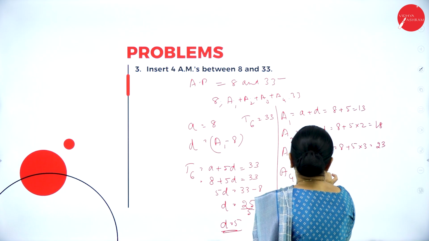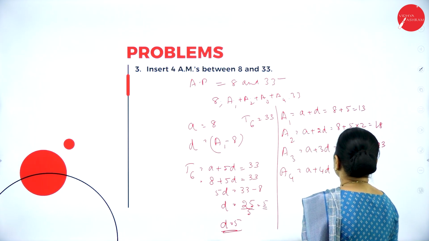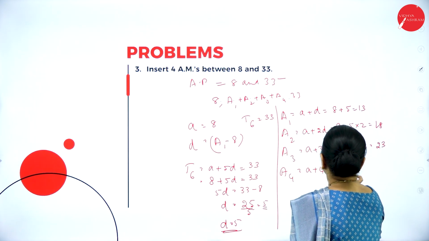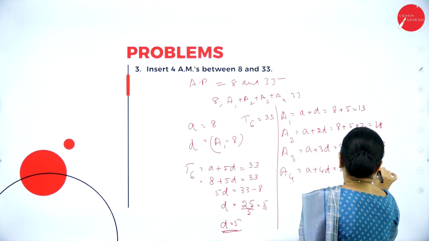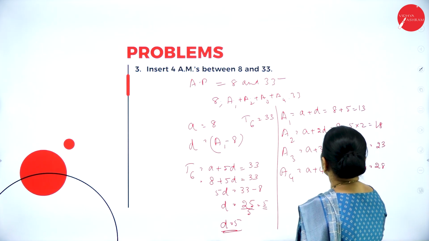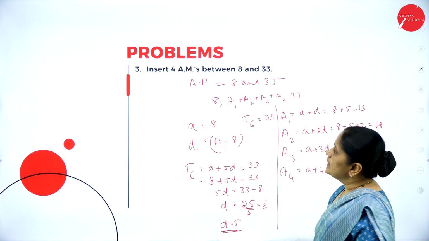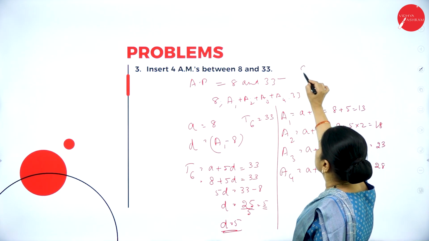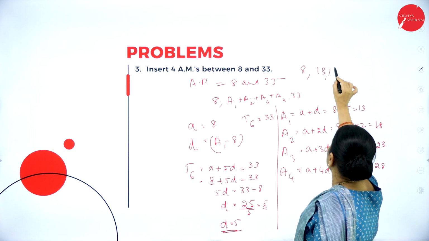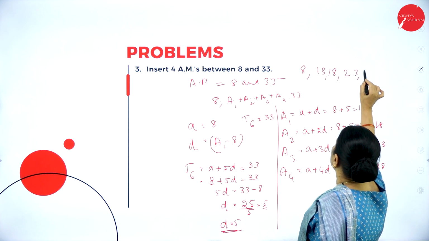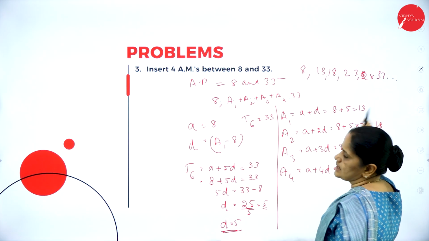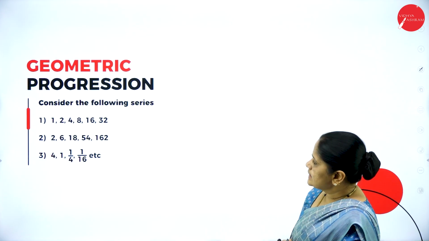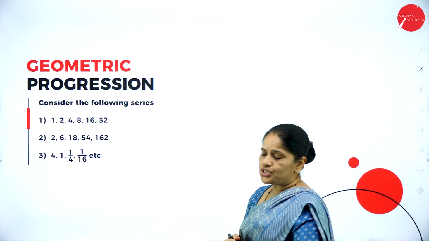A4 will be A plus 4D, that will be equal to 8 plus 5 into 4, 20, that is 28. So we have the arithmetic means between 8 and 33, that is 8, 13, 18, 23, 28, 33.